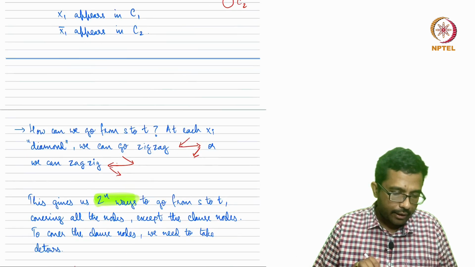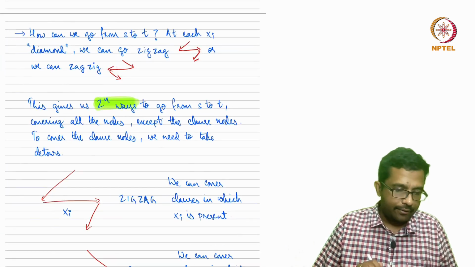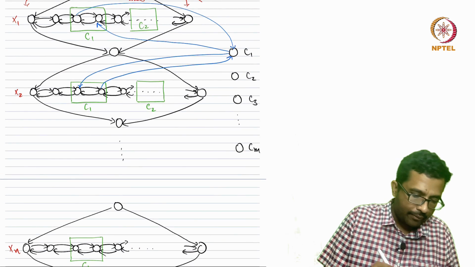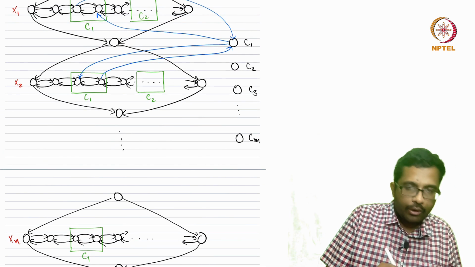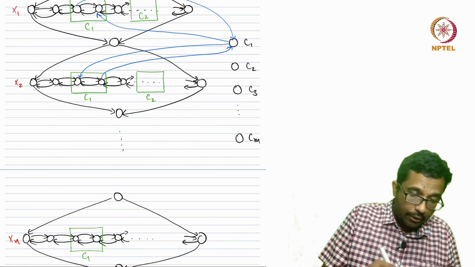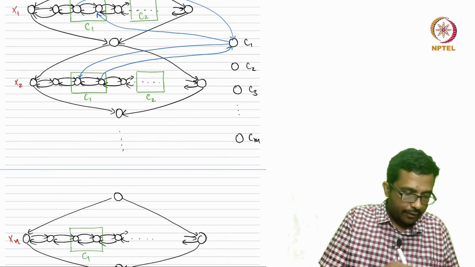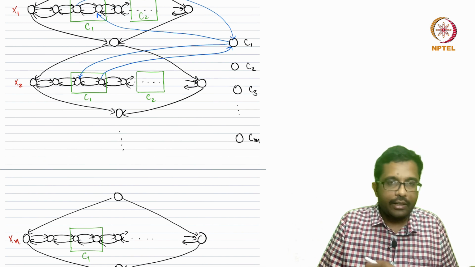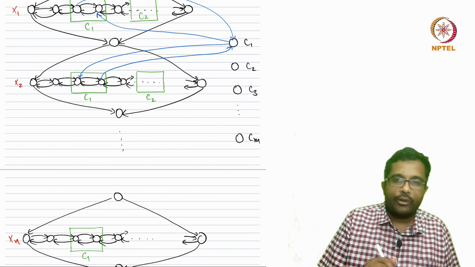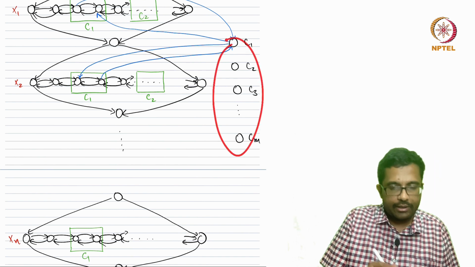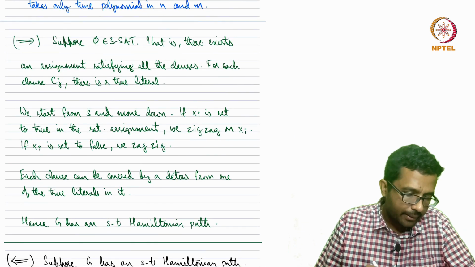So that's how we are going to show the Hamiltonian path, and finally we keep going down. Finally we reach T, and in the meantime we would have covered all the variables, and we would have also covered all the clauses, because each clause is satisfied by some variable, and whenever we cross that variable or literal where that clause is satisfied, we make it a point to cover that clause. So all these clause gadgets also will be covered.